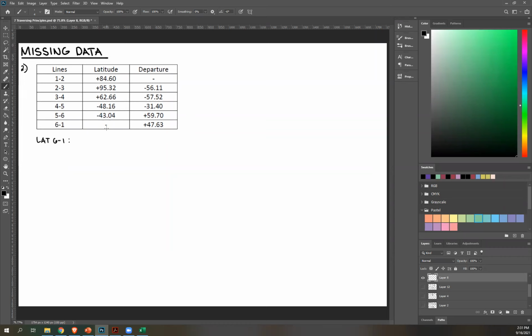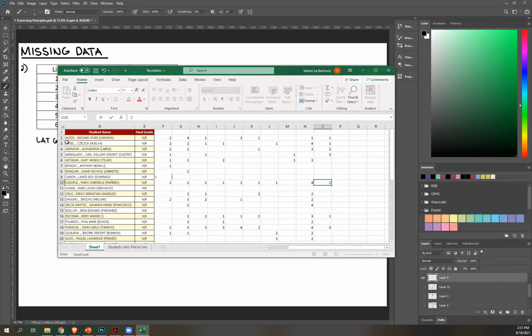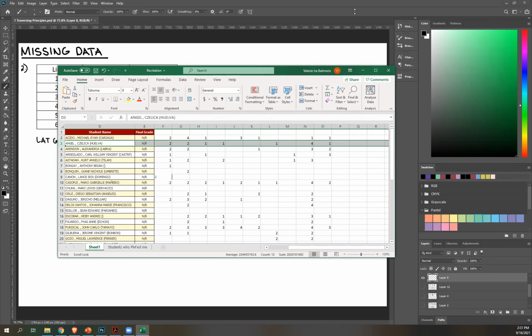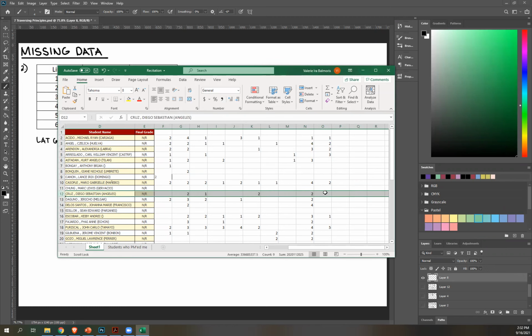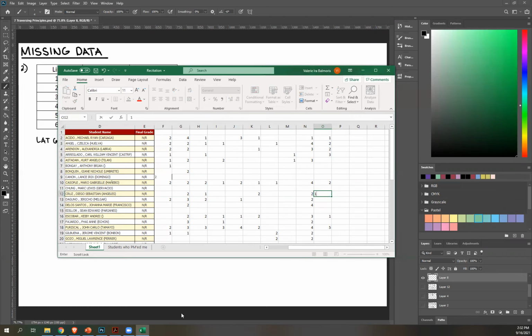Can anybody give me what should be the latitude of 6-1 in order for the summation of latitude to equal 0? Okay.